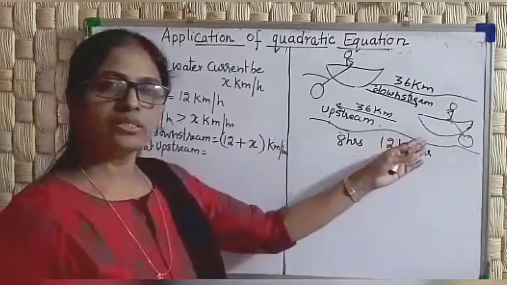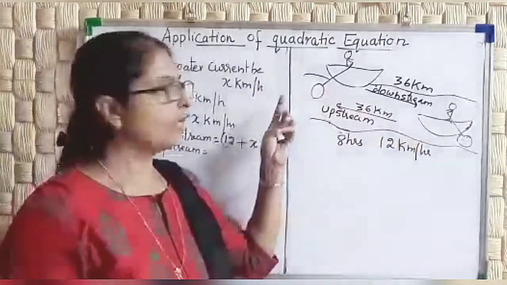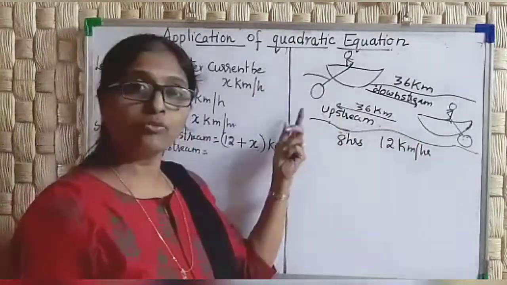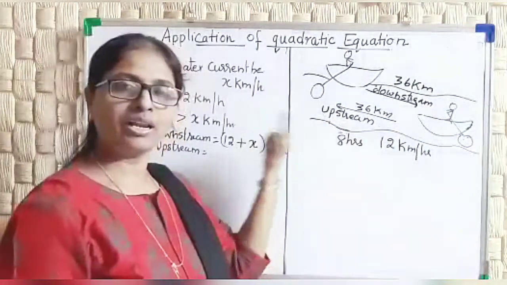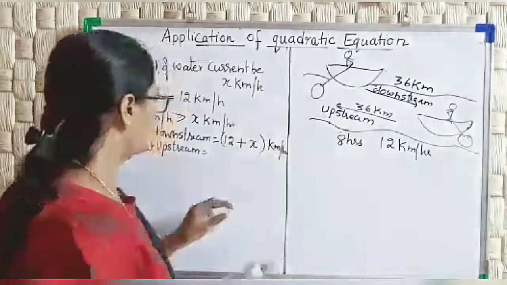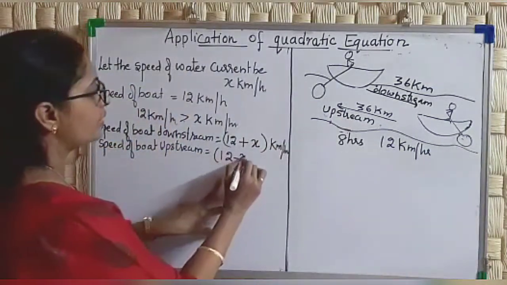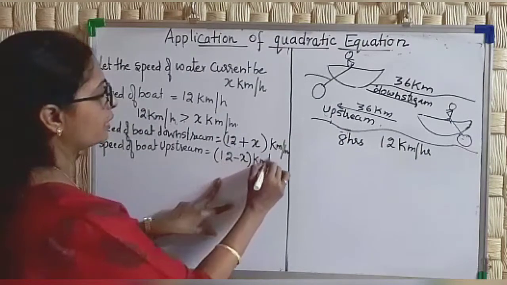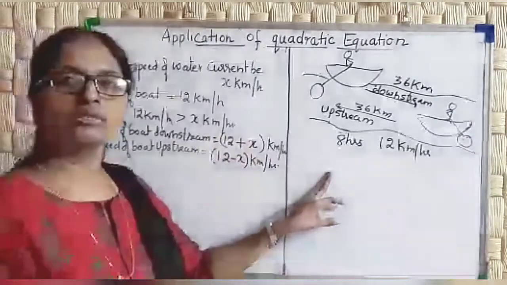Since the boat is moving against the direction of the water current, the speed of boat upstreams will become less as it has to travel against the water current. So the speed of the boat upstreams will be 12 minus x km per hour. Now we have to frame a quadratic equation.